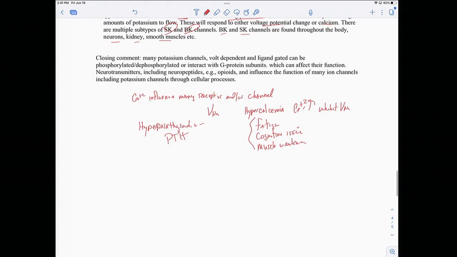So if you go the other way, though, if you have hypocalcemia, which means your calcium level is abnormally low, that is going to disinhibit the voltage-sensitive sodium channel. So now all of a sudden the voltage-sensitive sodium channel is more active.